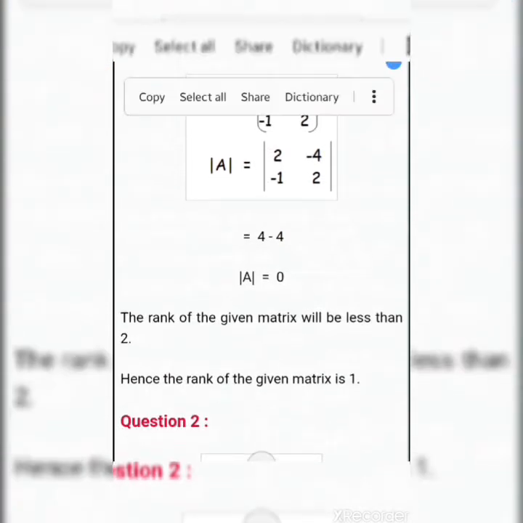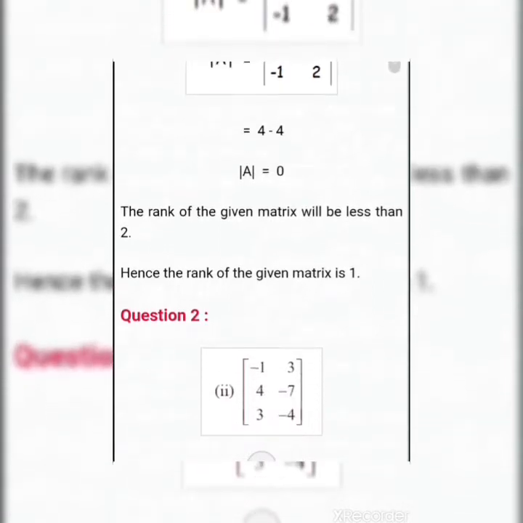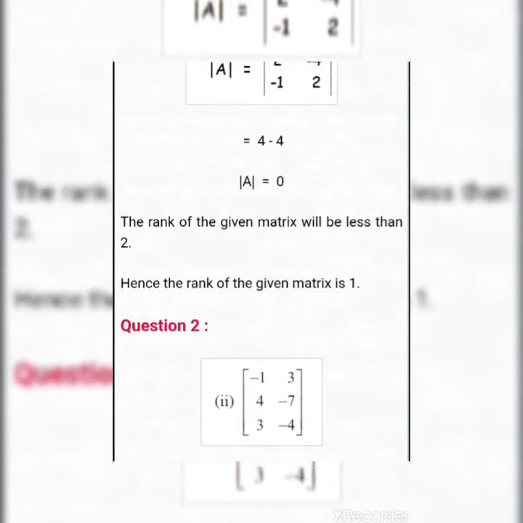So let A equal to the square matrix 2, minus 4, minus 1, 2. Now take the determinant value: 4 minus 4 is equal to 0. The rank of the given matrix will be less than 2.